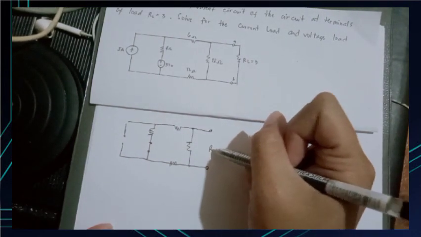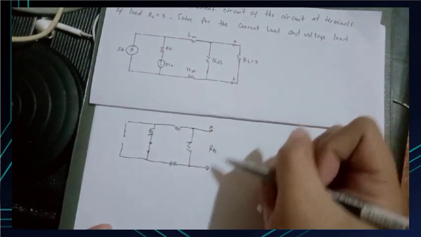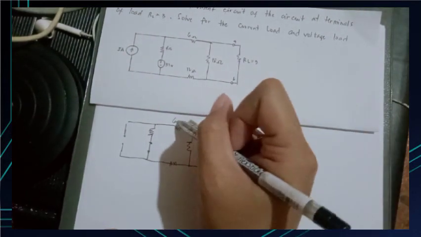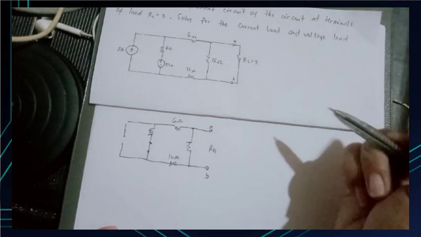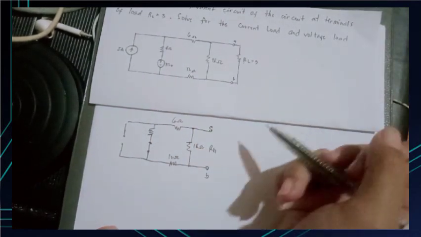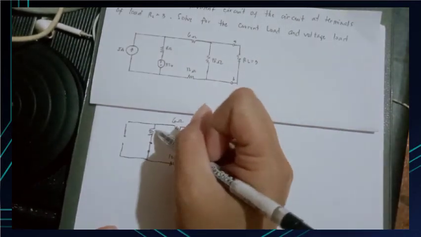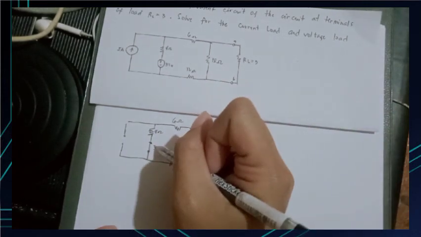Dahil dito, magkano yung RN natin. So, ito yung A, ito yung B, ito yung 6 ohms, 12 ohms, 18 ohms, at ang ating 4 ohms.